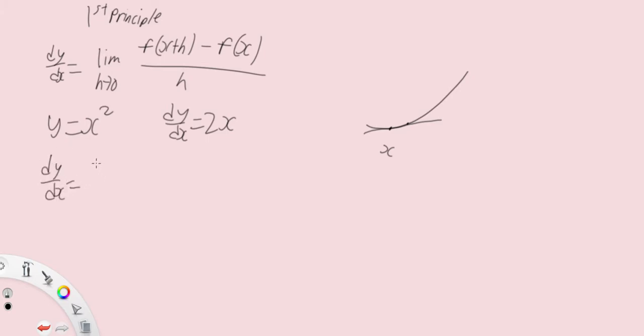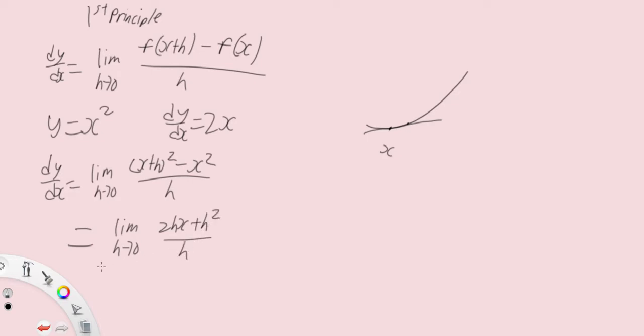So we have the limit as h approaches 0 of (x plus h) squared minus x squared over h. Expanding (x plus h) squared gives us x squared plus 2hx plus h squared, minus x squared, and therefore we will get back, putting in the limit again, 2hx plus h squared over h.